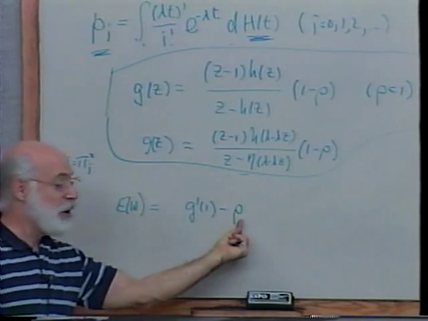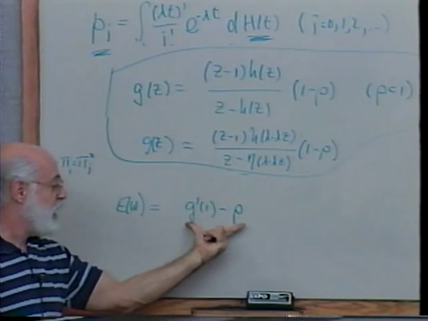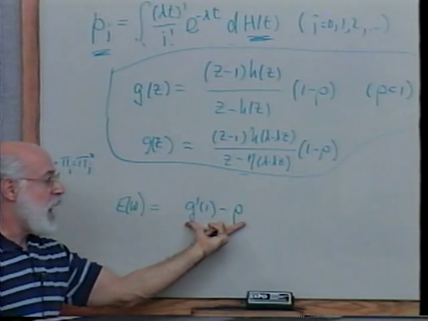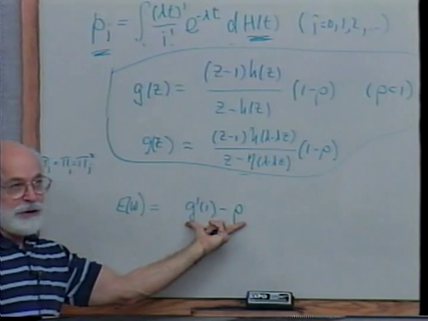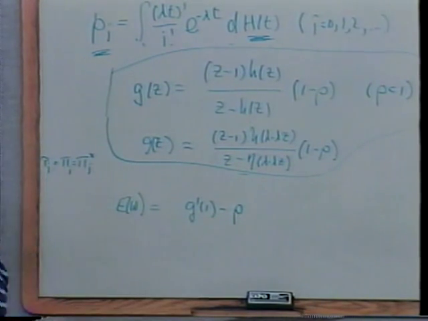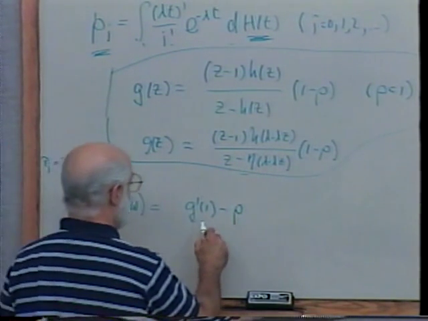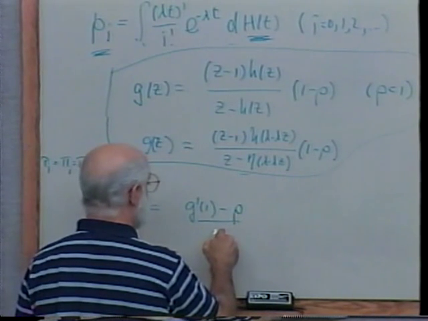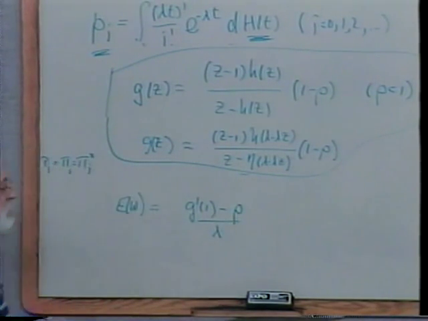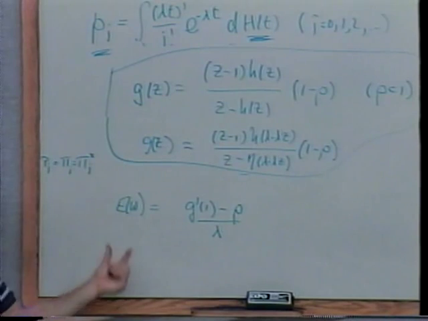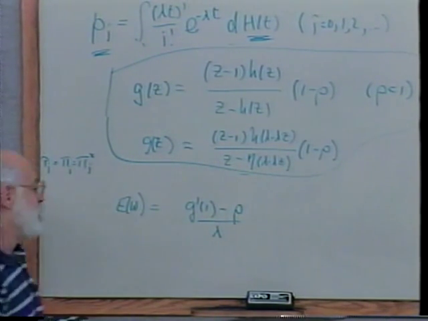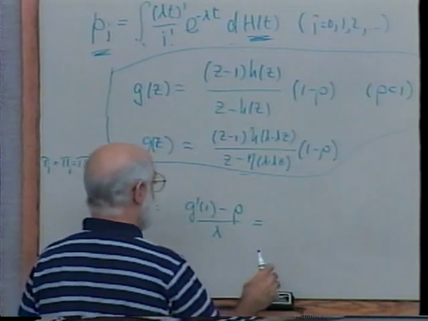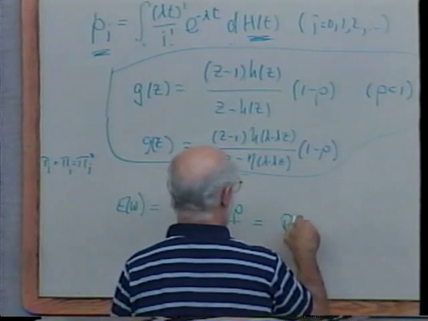This is the carried load in the server. So this thing here is the average number in the queue. And then if I take the average number in the queue and divide by lambda, since L equals lambda W, I would have the average time in queue. And the average time in queue is the average waiting time. And if I did that, I would get the Pollaczek-Khinchin formula.